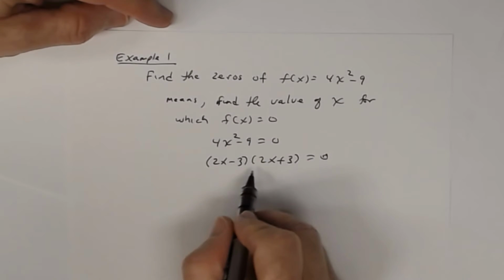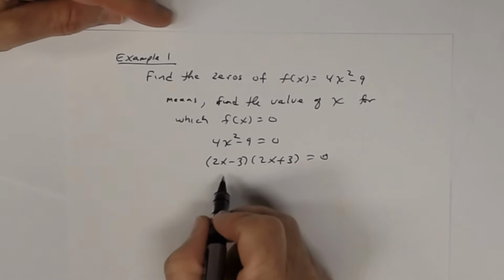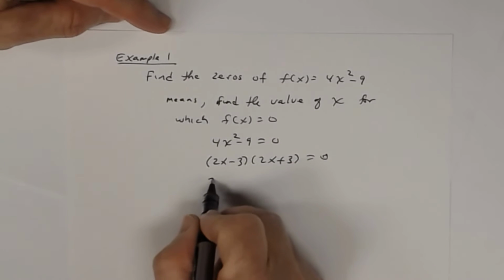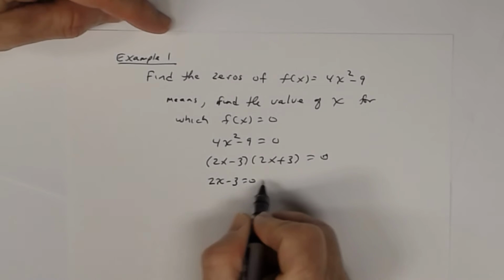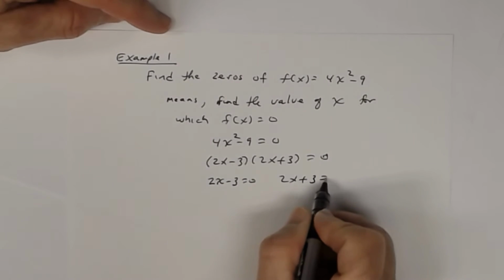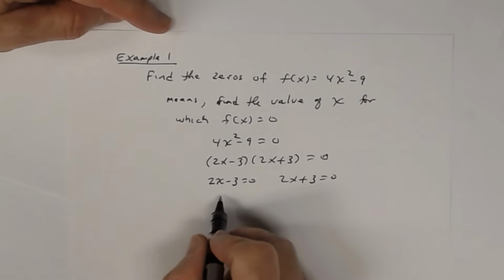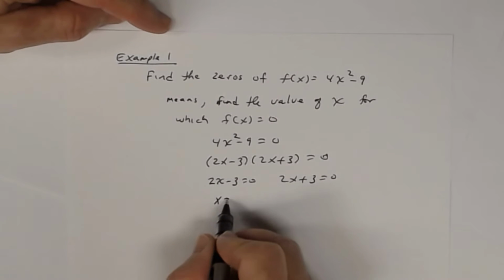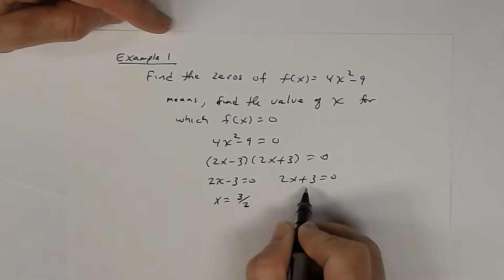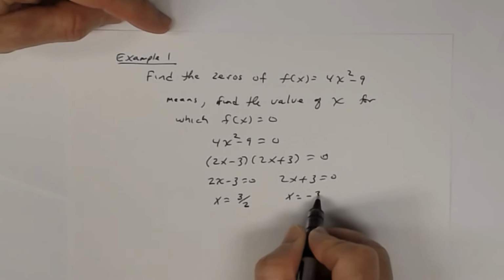I have two factors whose product is 0, so by the zero factor property, I can set each factor equal to 0, because one of those must be 0. I end up with two linear equations, and when I solve each of them, I get 3 halves, and this one would be negative 3 halves.